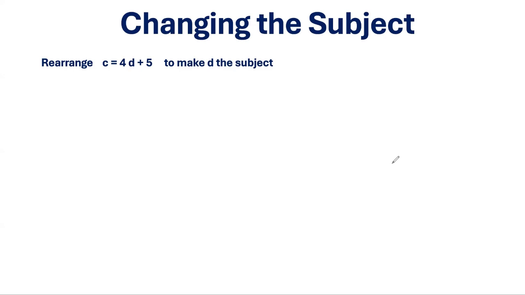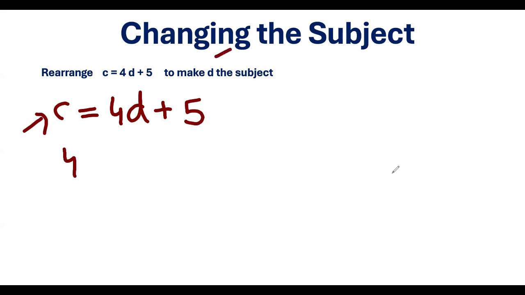So, how to do this? C is equal to 4D plus 5. Now C is the subject, but you have to make D the subject. So the sides are changed. 4D plus 5 has now become the left-hand side and C is now on the right-hand side.